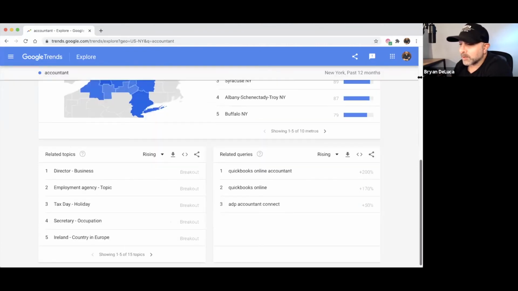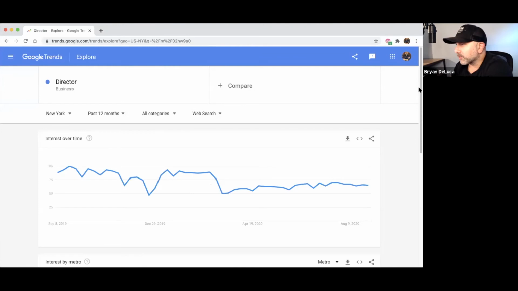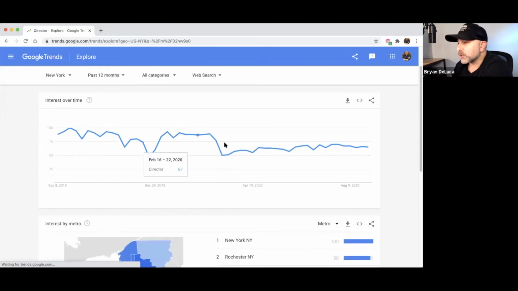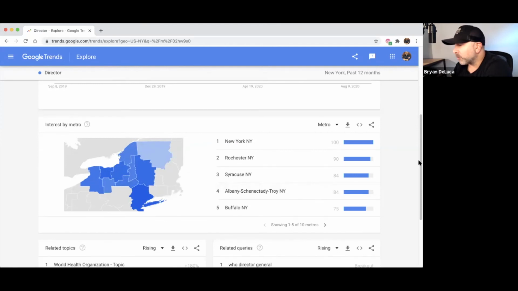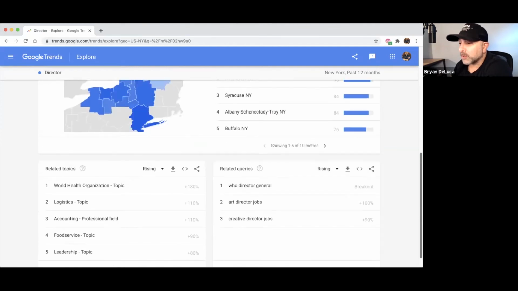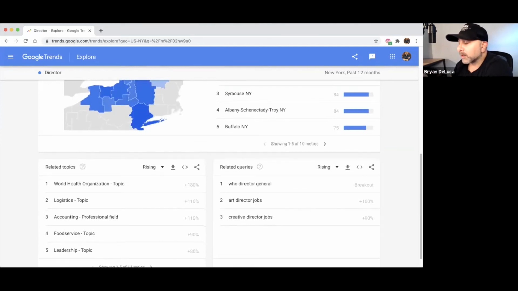We're now still in New York, but what we could do is look at some of these other breakout things. So if we click on director of business, same thing, we see the trending data. We see the data for New York. We could once again bring that down into the localized regions inside New York. And then we see here are some other related topics as well as what are those queries.